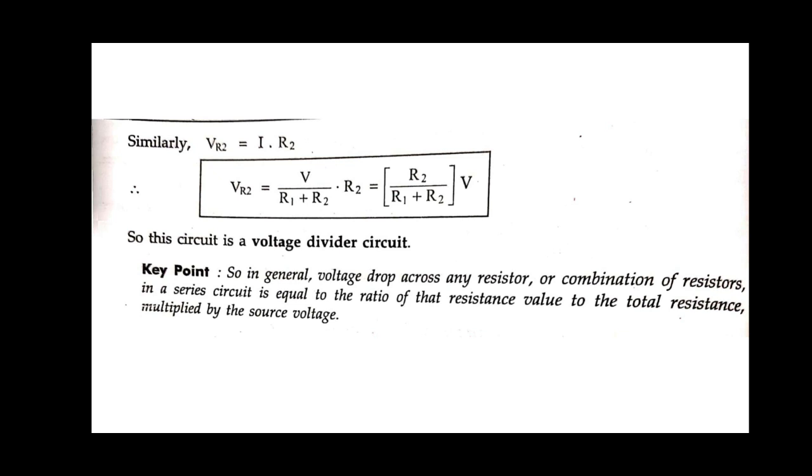See here once again, taking one example: the voltage drop across R2 is equal to the ratio of that resistance value to the total resistance. The ratio of that resistance means R2 upon the total resistance, R1 plus R2, multiplied by the source voltage V.